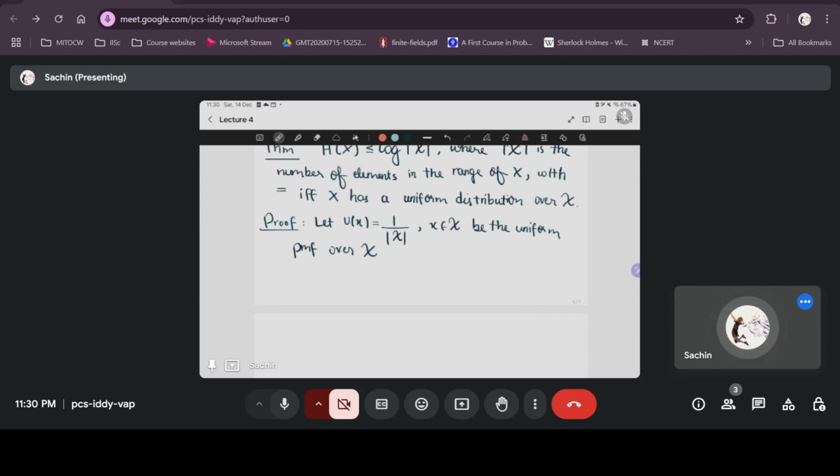So we will denote the uniform PMF by u of x. Let p of x be any random PMF, be the PMF of x.